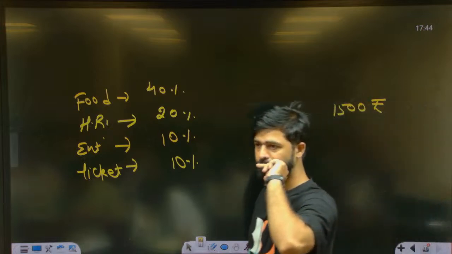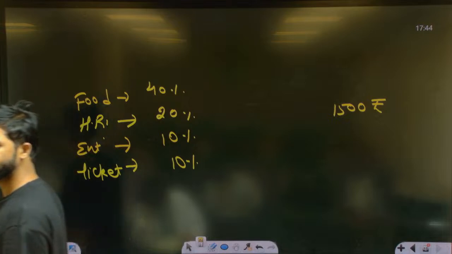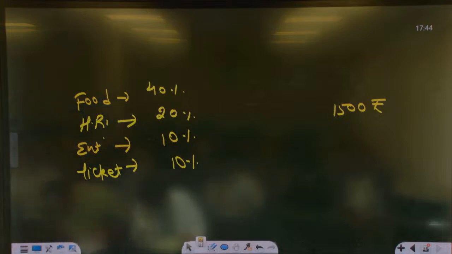Done? What is the answer? 7,500. Very good. Have you done it? 80% she has spent. She's left with what? 100 minus 80, that is 20%.